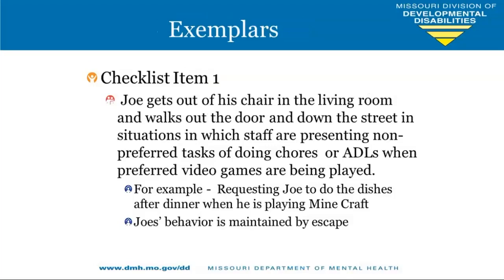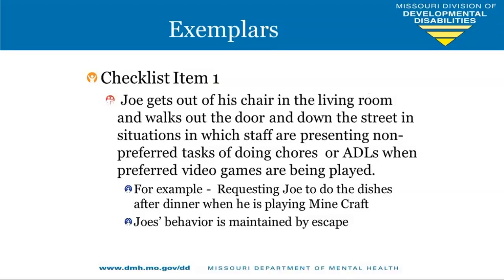So we're looking for documentation such as: Joe gets out of his chair in the living room and walks out of the door and down the street in situations in which staff are presenting non-preferred tasks of doing chores, or ADLs, when preferred video games are being played. For example, requesting Joe to do the dishes after dinner when he's playing Minecraft.